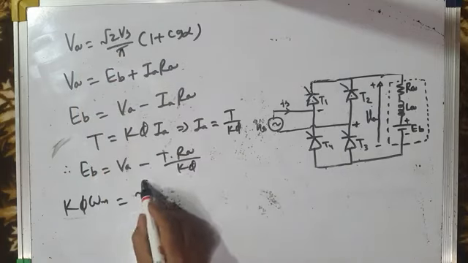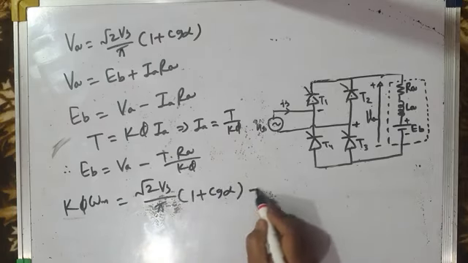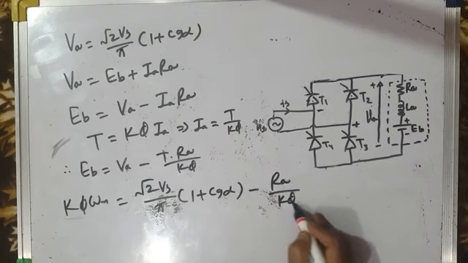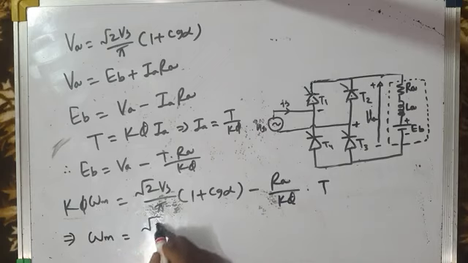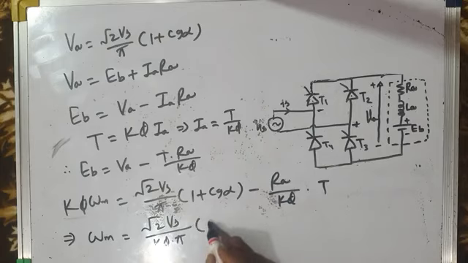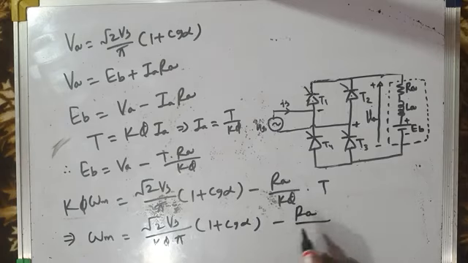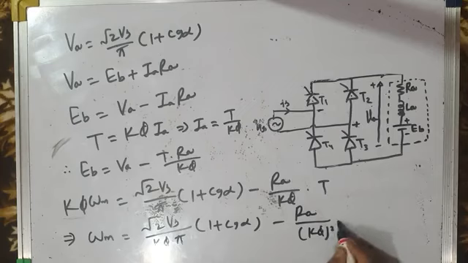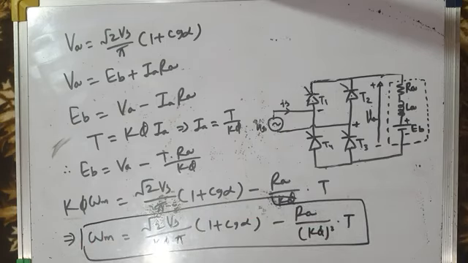We already know it, so we will substitute root 2 Vs by pi times (1 plus cos alpha) minus Ra by K phi into T. So from this, the speed of the motor is given by omega m equal to root 2 Vs by K phi pi times (1 plus cos alpha) minus Ra by K phi squared times T. So this is the torque speed characteristic of a single phase full converter fed DC motor drive with freewheeling.